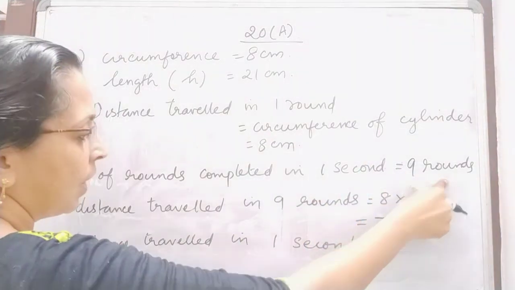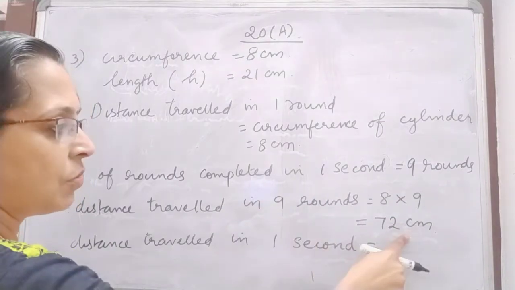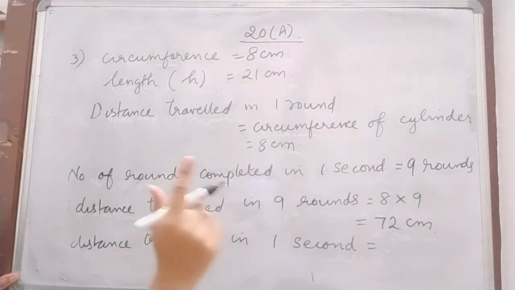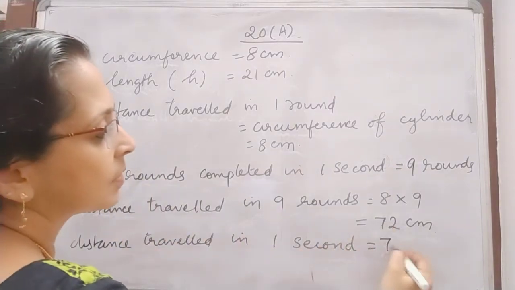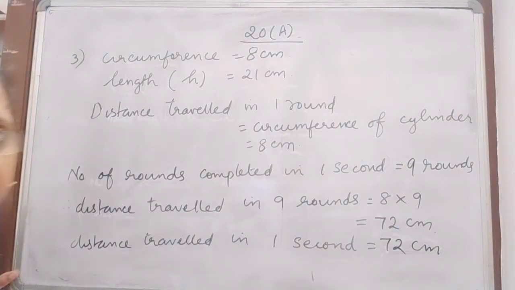That is, the distance travelled in 1 second will be the same as that of 9 rounds, 72 centimeters.